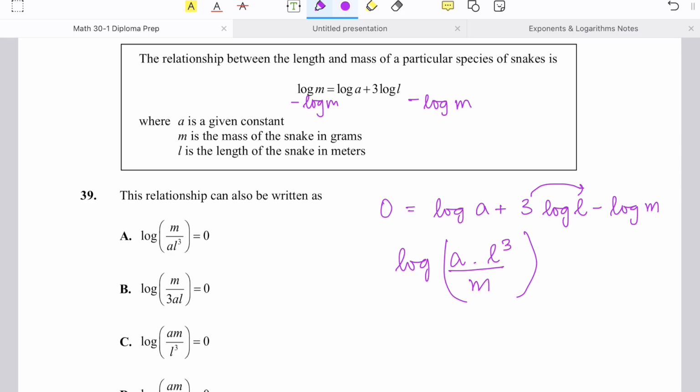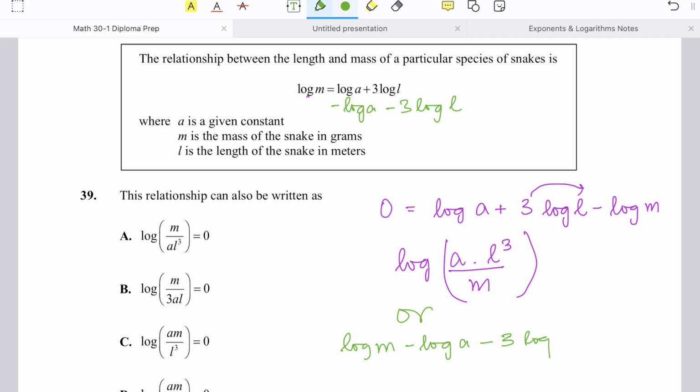What did I do wrong? Oh, they have reversed it. I know what they did. I know this did not work, but basically if you look at this, instead of subtracting minus log m on both sides, all we need to do is subtract negative log a minus 3 log l on both sides, and we'll get log m minus log a minus 3 log l is equal to 0.